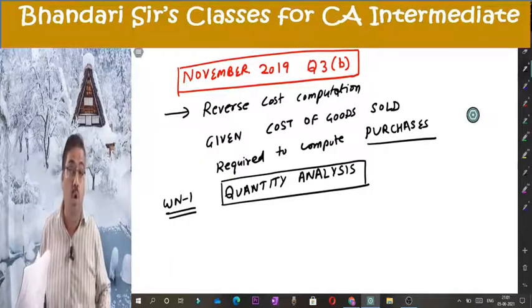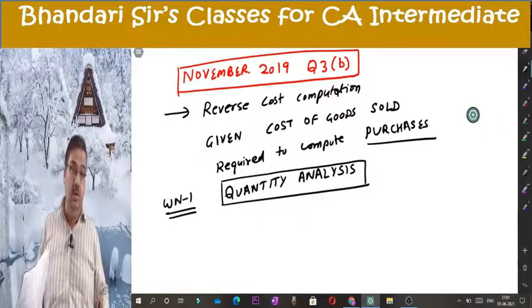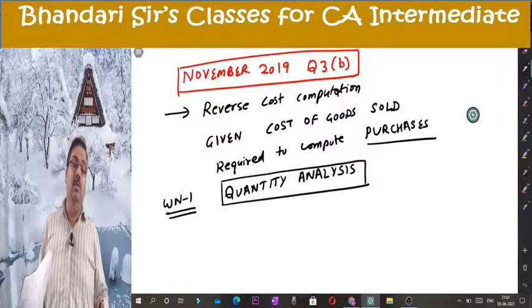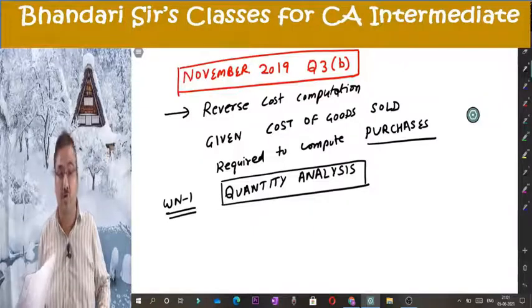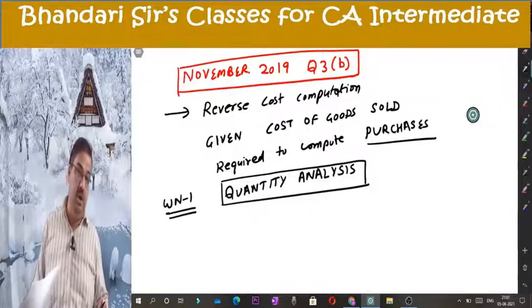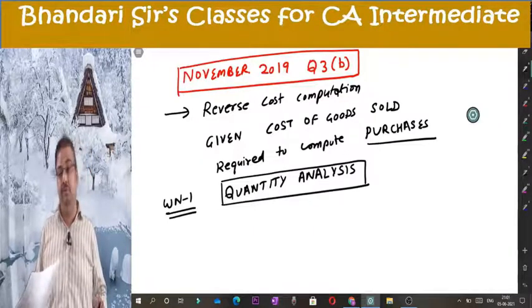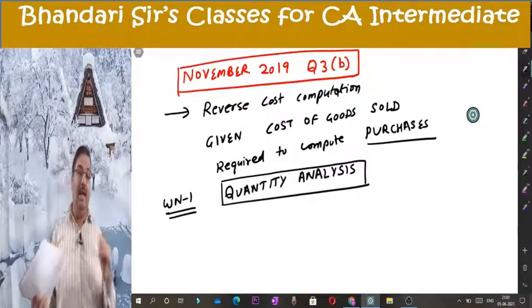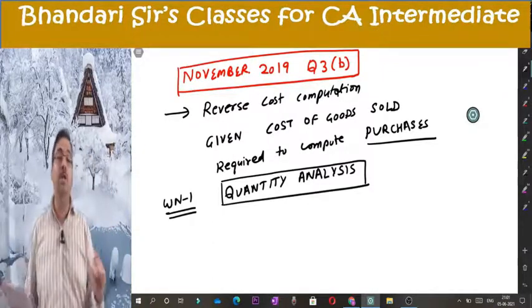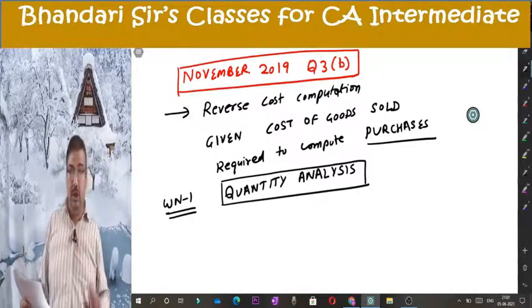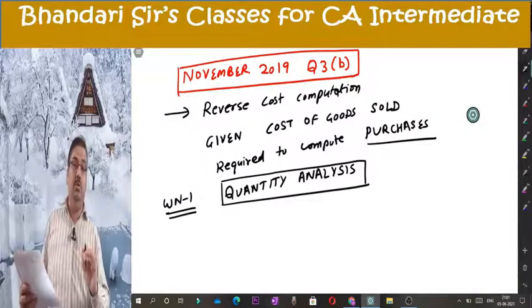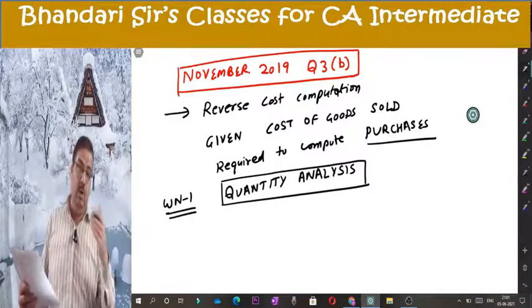If I want to compute cost of production, I need to get per unit cost of production and multiply with production units, I'll be able to get cost of production. So first I analyze clearly how much units were produced, how much are to be sold, that is what I need to compute.